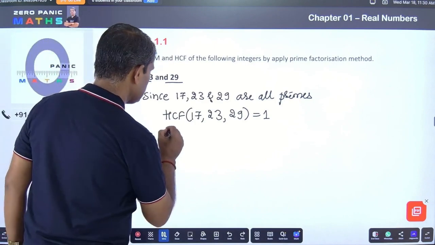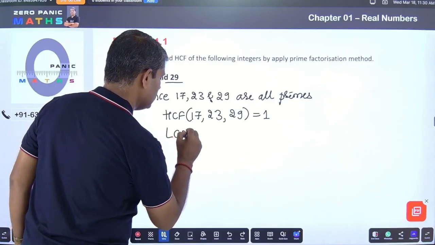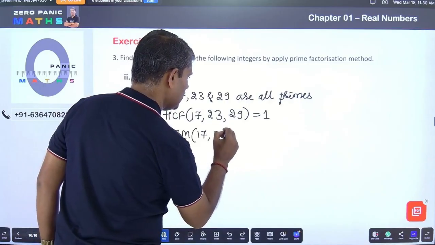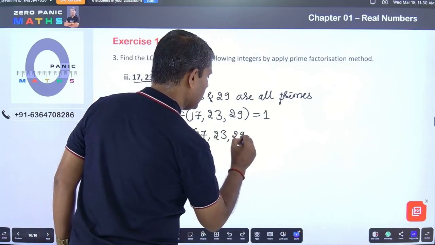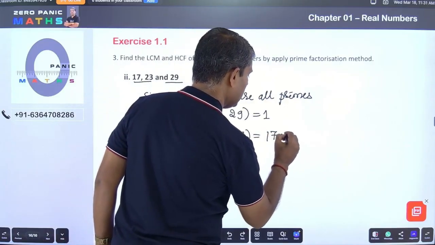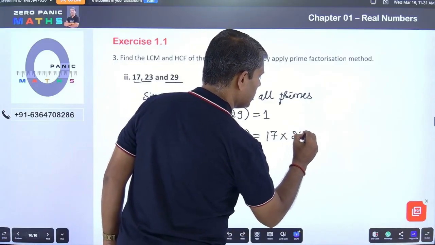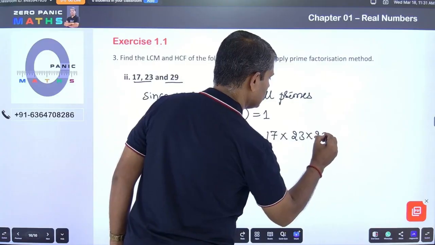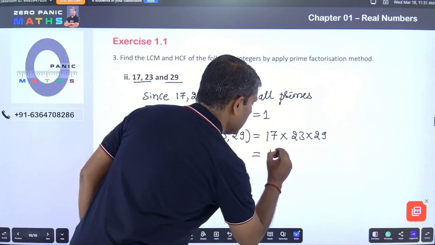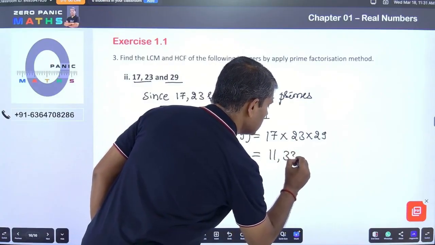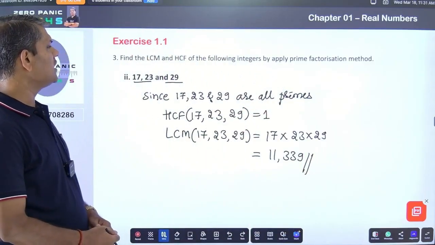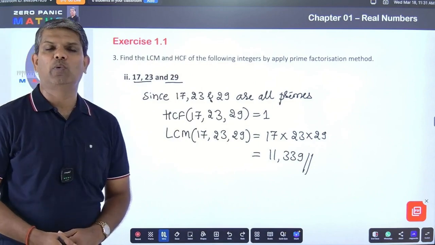So LCM of 17, 23 and 29 is the multiplication of 17, 23 and 29. What is the value of this? It is 11,339, and this is the LCM of 17, 23 and 29.